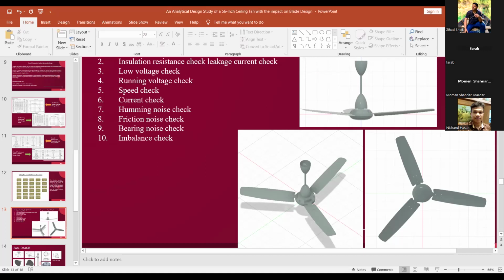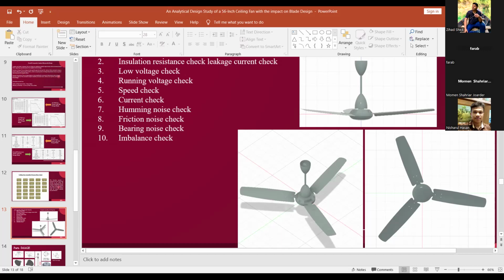So now we are going to share how we designed our modified shape in Fusion 360. We modified the fan blade.